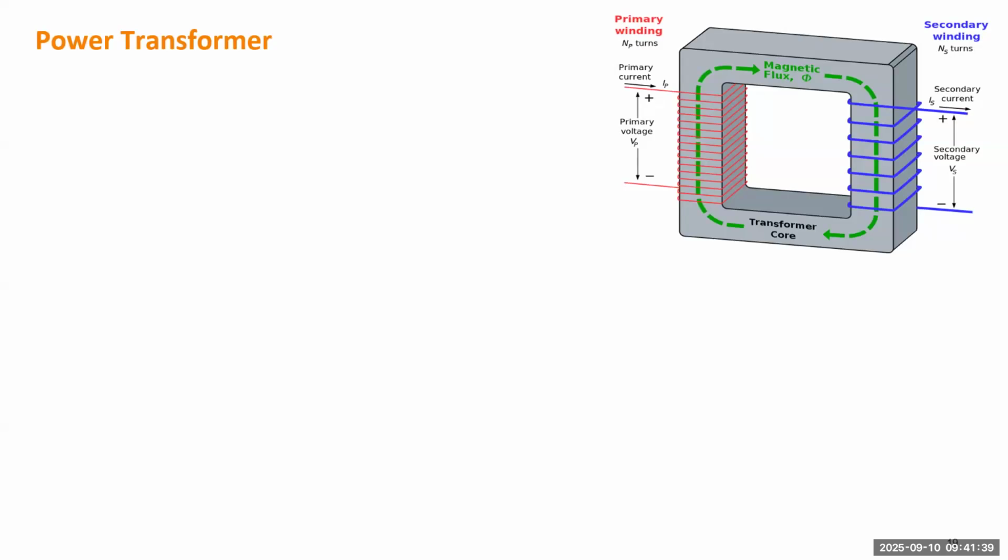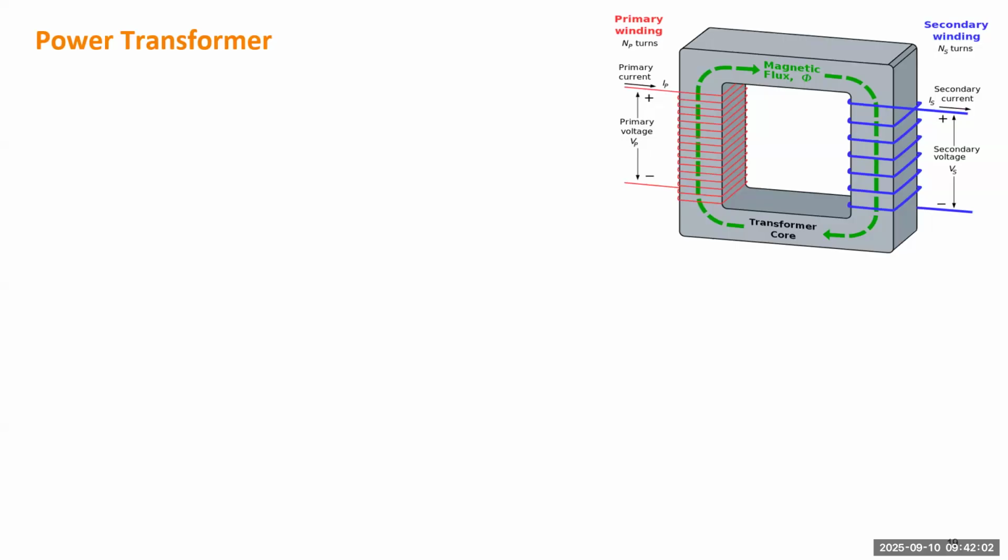So if the primary side has more turns than the secondary side, you can see the density on the left is much bigger than the right. So you can imagine this is like a step down transformer, which means voltage will decrease from the primary side to the secondary side. Definitely, you can also have a step up transformer.